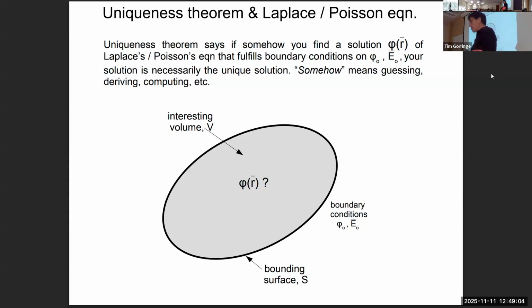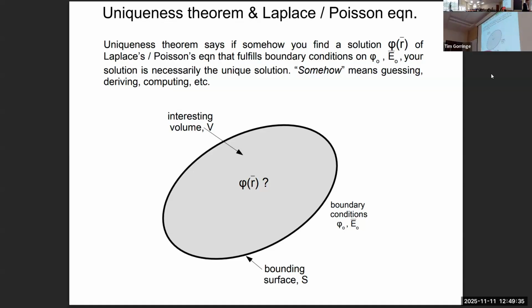If the solution matches those boundary conditions, then it is the single unique solution to the problem. So what that means from a practical, problem-solving point of view is, no matter how you come up with, dream, or guess a solution to your problem, if it does match your boundary conditions, then it is the single unique solution. You have found the solution to the problem.